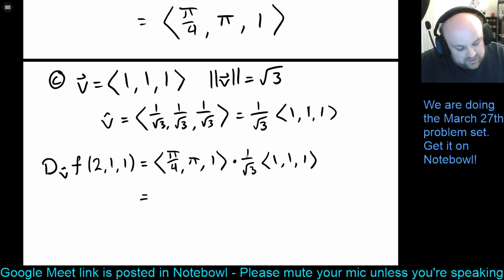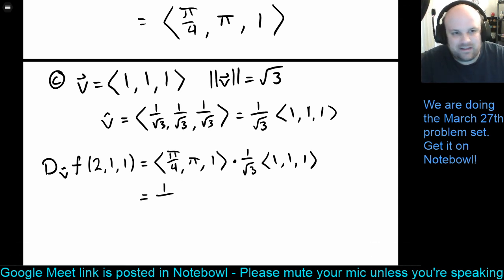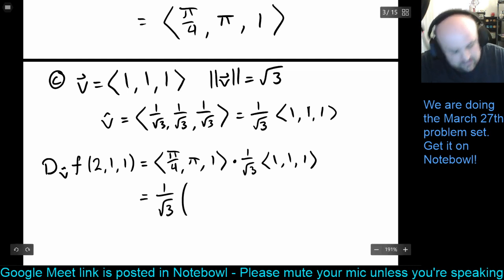So that 1 over square root 3, remember from our vector properties from way back, like our second week of class, we can just pull that constant all the way out and then do the dot product between the remaining thing. So pi over 4 plus pi plus 1.